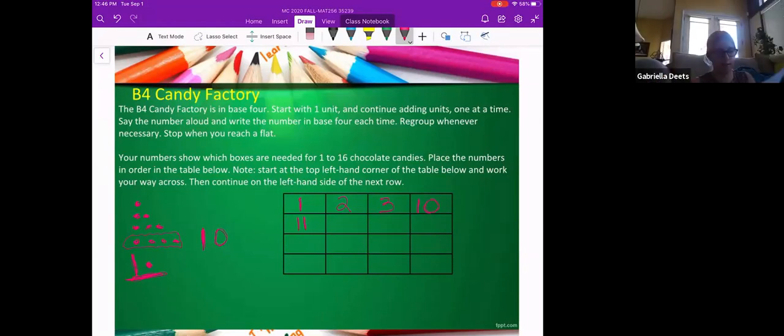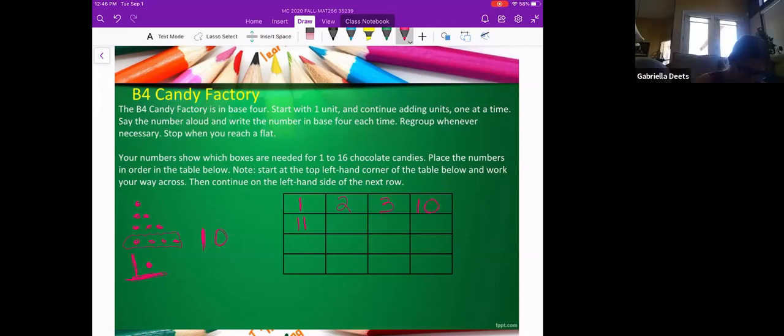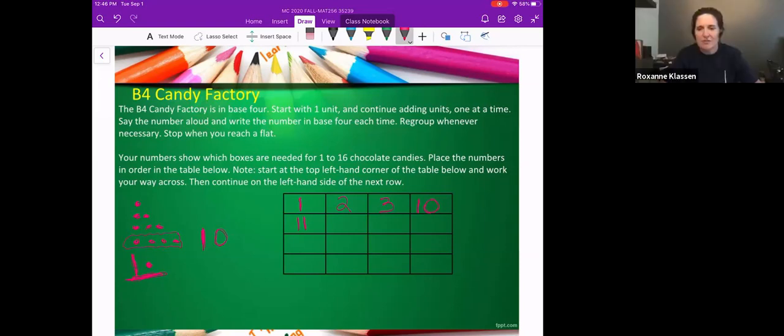I think I'm getting it, but I don't know if it's right. Good. We'll see in just a minute. Keep going. You're doing great. Like I said, if you make a mistake, that's when we're going to figure it out.